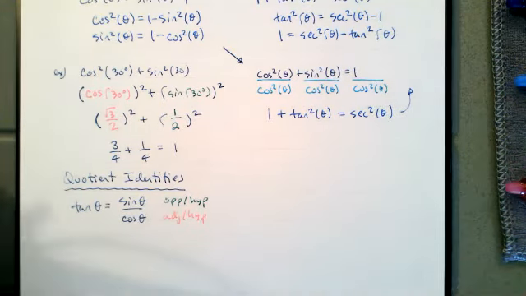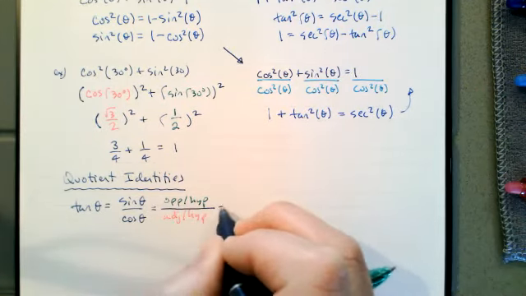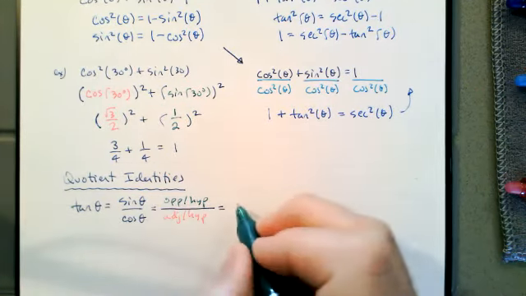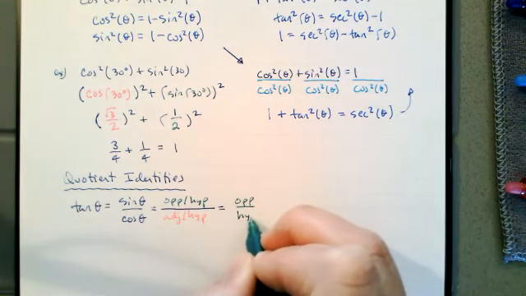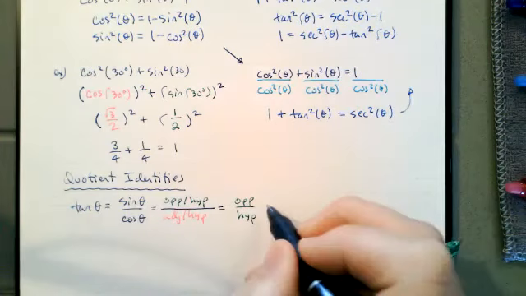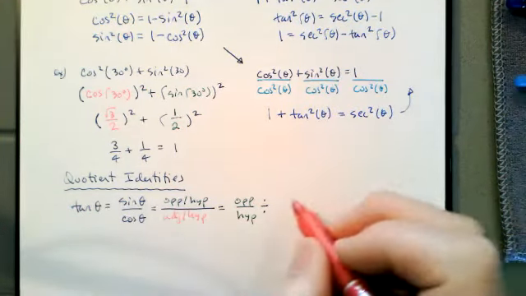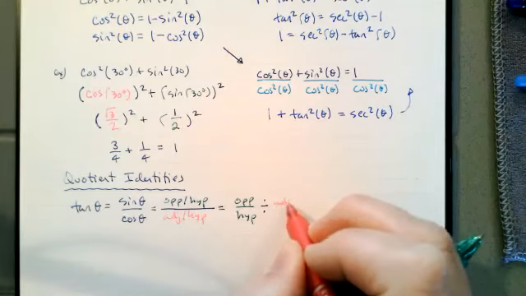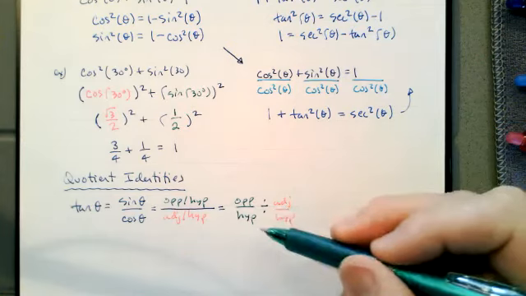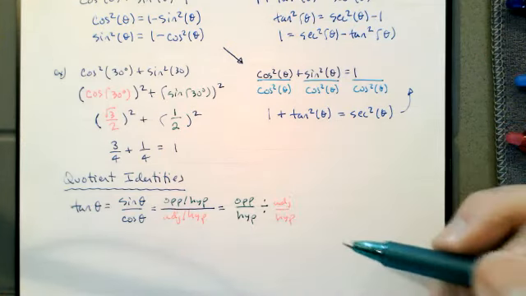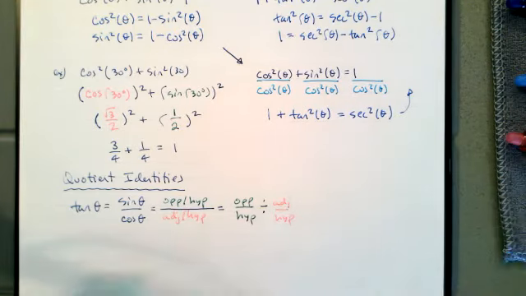And if we divide these two, I'm going to write it as division. So opposite over hypotenuse divided by adjacent over hypotenuse. That means opposite over hypotenuse times hypotenuse over adjacent, because division is just multiplication by reciprocals.